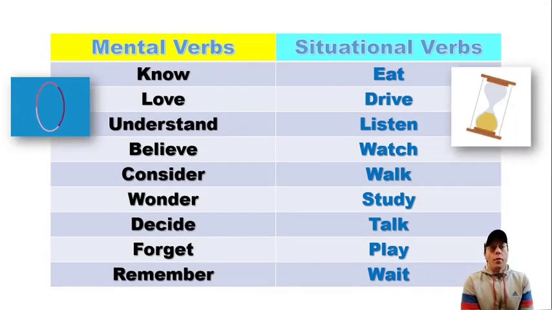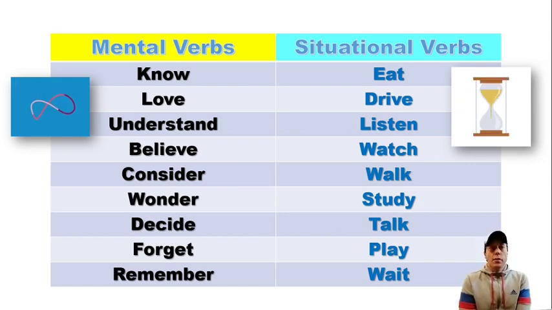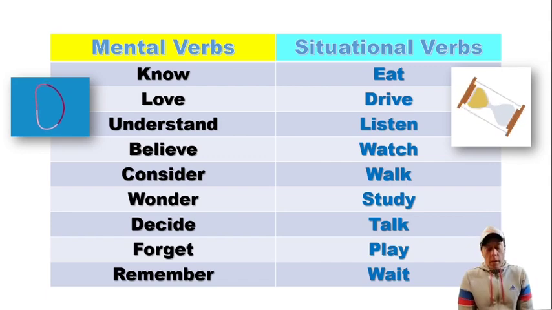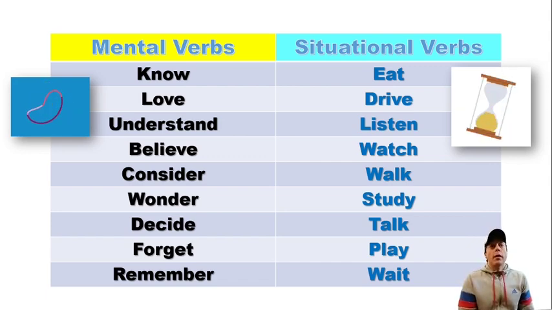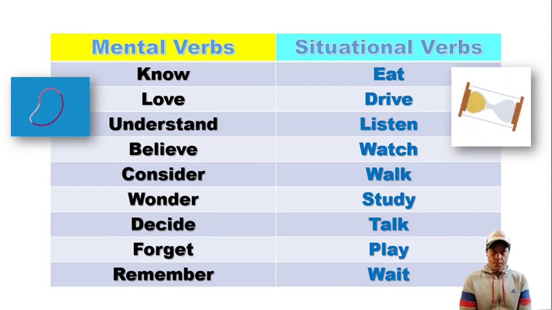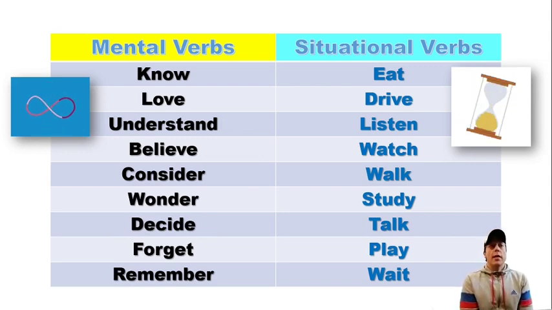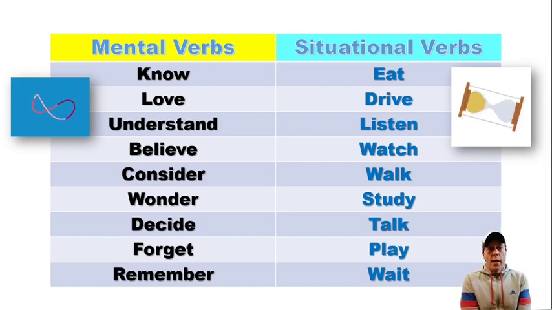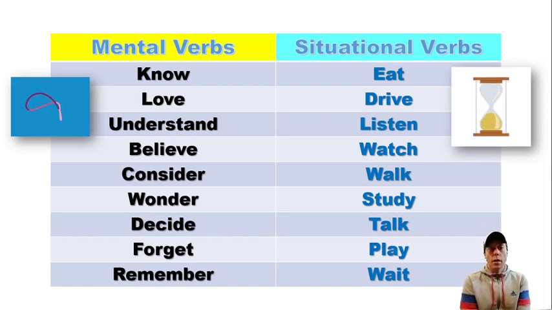Okay, on the left are the mental examples, and on the right we've got situational examples. So what we should do now is translate the mental verbs into your language. Let's start with understand. In English we would not say I'm understanding, because the verb understand happens in the mind, not in time and not in place outside the mind, in the environment.